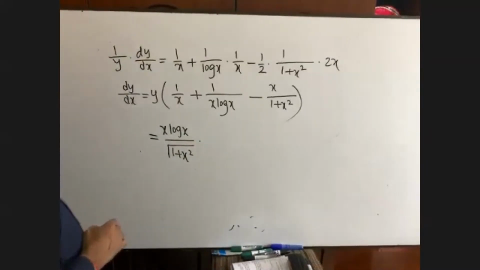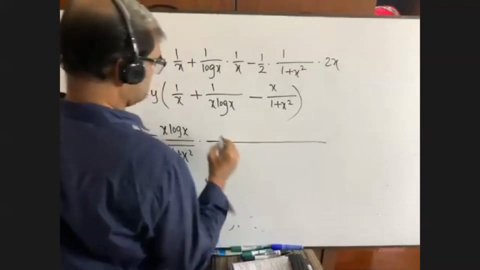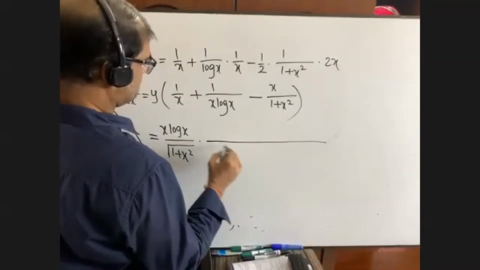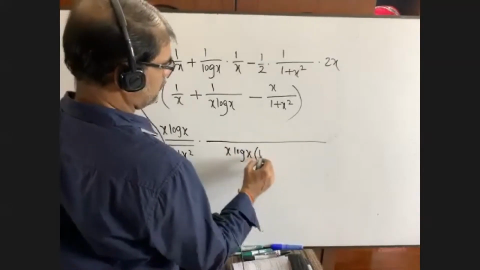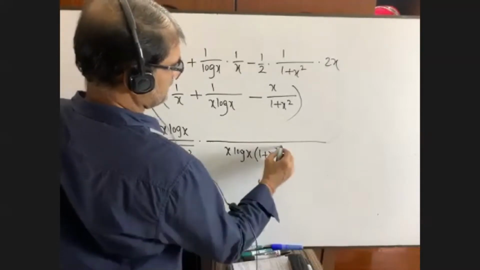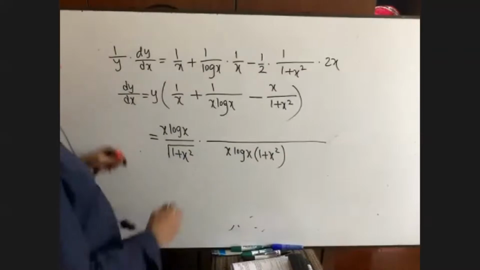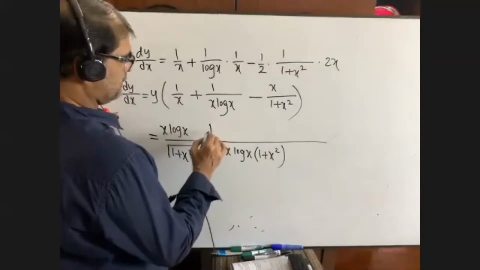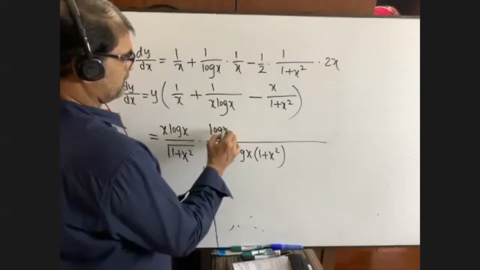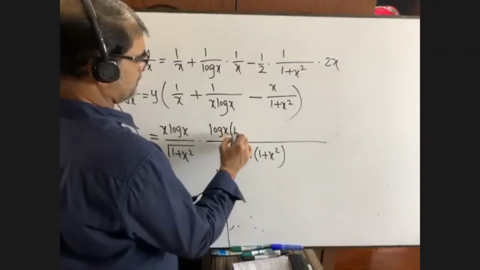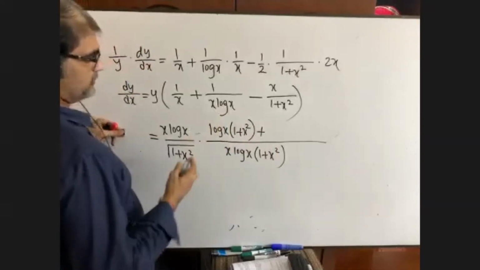Now, what should we do? Yes, we can take the LCM. LCM is x log x into 1 plus x square. It is the LCM. Okay. So we are getting here x, so log x into 1 plus x square plus x log x.